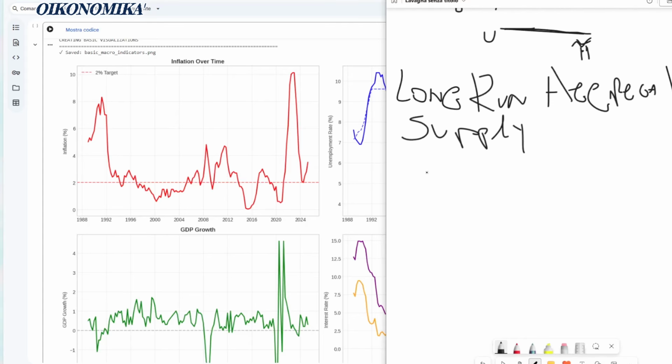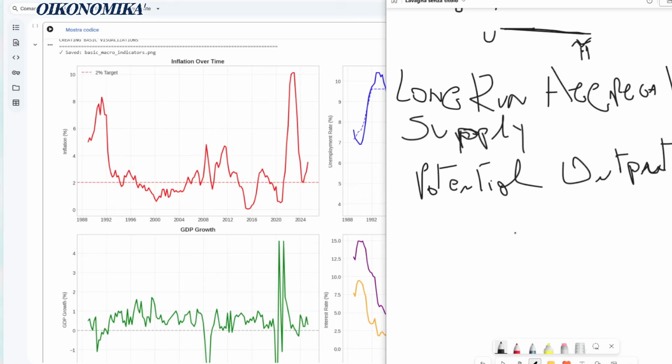So I'm not in the place of saying anything new that we didn't know. No, I'm learning mostly all the time. And so that's the long run aggregate supply, so the IS curve vis-a-vis the GDP and the potential output.